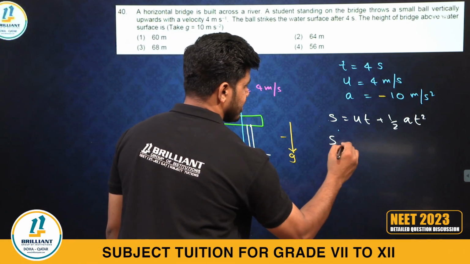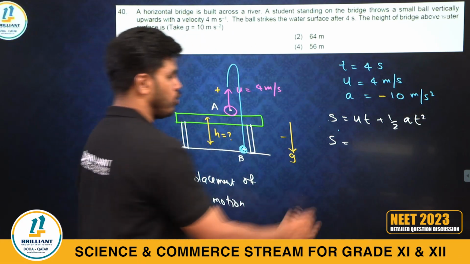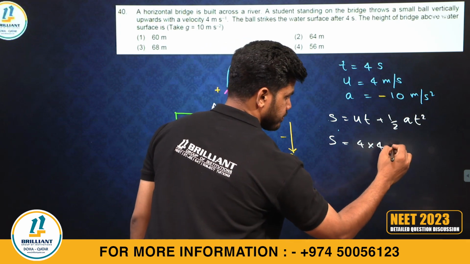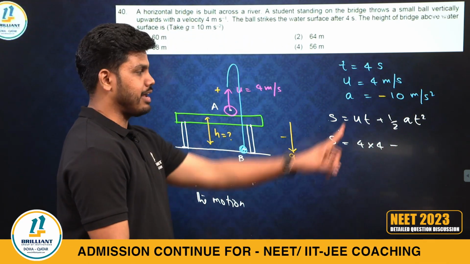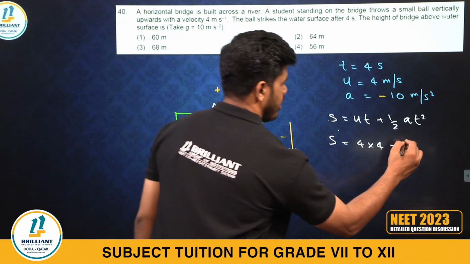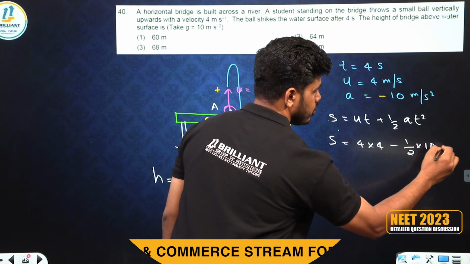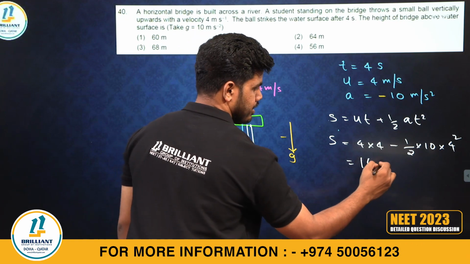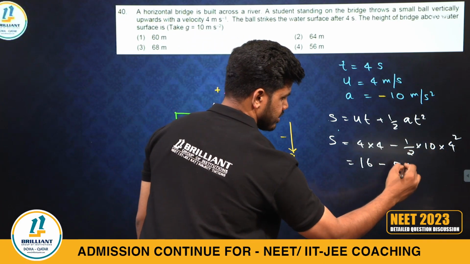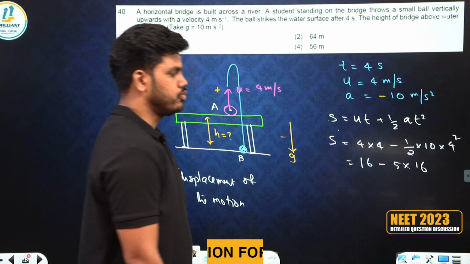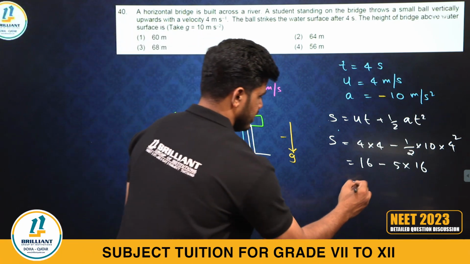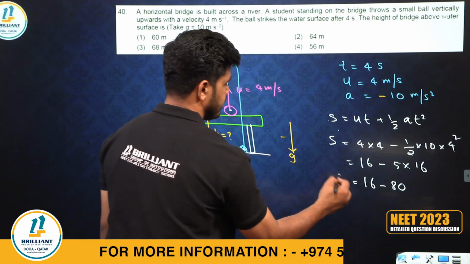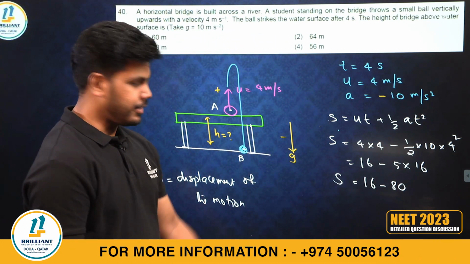So s is equal to initial velocity 4 meters per second, 4 into time taken 4 seconds, minus, because our acceleration is going to be negative, half into 10 into t square. t square is 4 square. So we have 16 minus 5 into 16, which is 80.